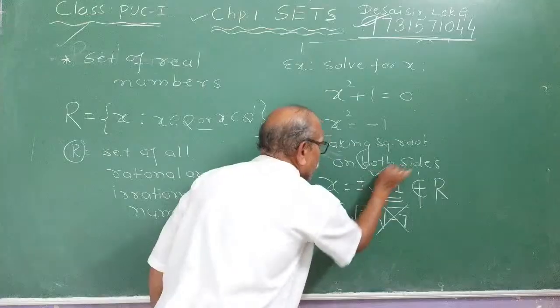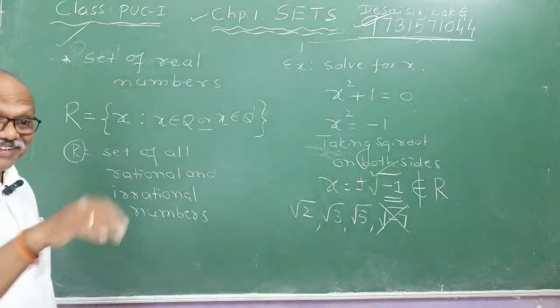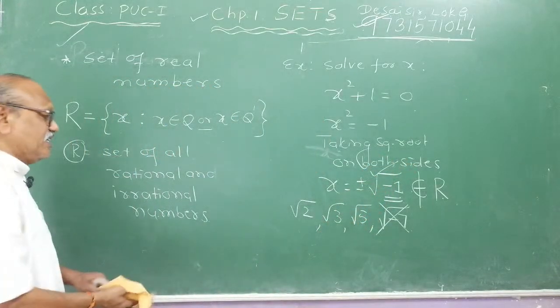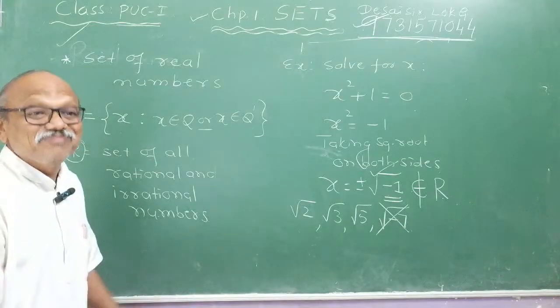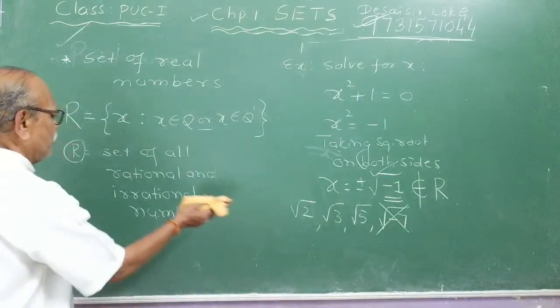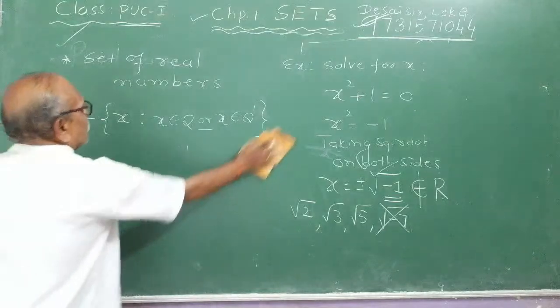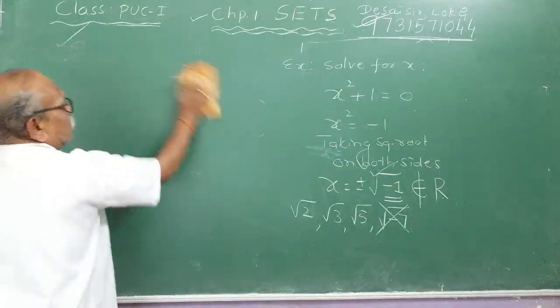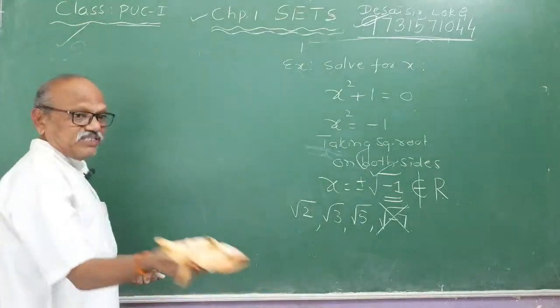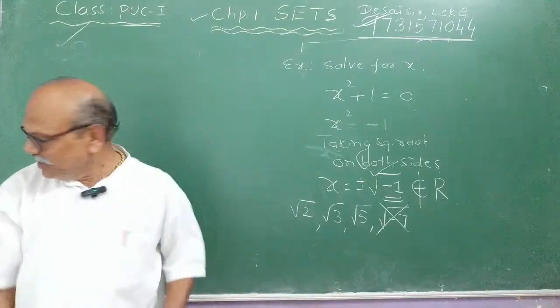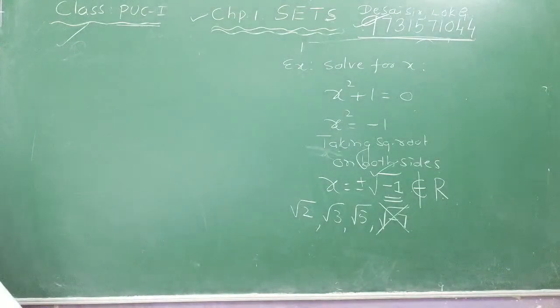And this problem came. Therefore, another set was introduced. That set is called the set of complex numbers. Right? The set of complex numbers is the biggest set. You have a chapter also, I think, in mathematics: complex numbers, chapter number 4.